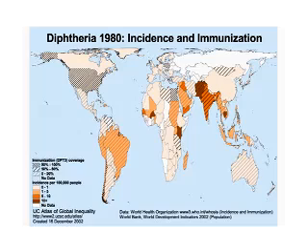And this is a World Health Organization table that shows that, and this is 1980, 10 incidents per 100,000 in the Brown and in many of these other areas where they still have diphtheria.